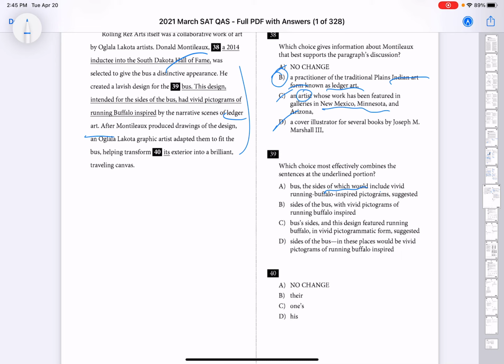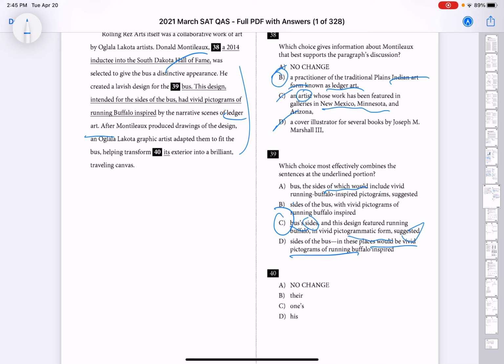The bus's sides and this design feature running buffalo and vivid pictograms suggested. So this is a little bit wordy. It should be sides of the bus, I think. Let me see. D. Sides of the bus. Okay, we have that. In these places would be vivid pictograms. All right, so this is also passive. It should be, and this design featured running buffalo in vivid pictogram form suggested something. So I think 39 should be C.